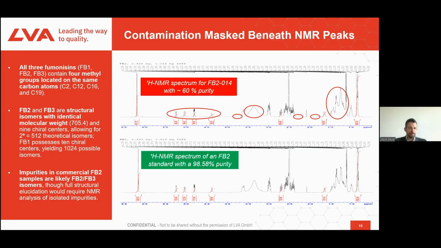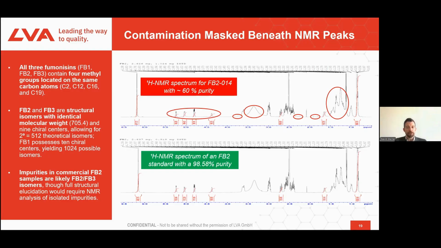In this case, this is particularly relevant because fumonisin B2 belongs to a family of closely related compounds, including fumonisin B1 and fumonisin B3. Fumonisin B2 and B3, for example, are structural isomers. They have the same molecular weight and a very similar structure, but they differ in the arrangement of their atoms.